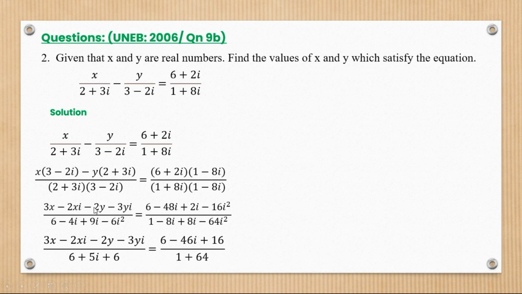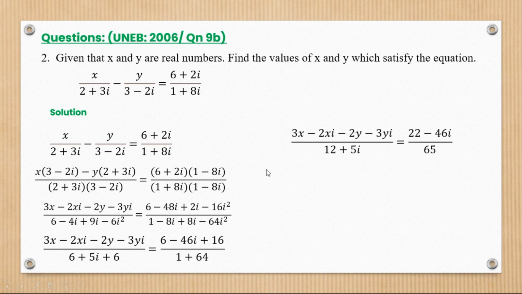And then when I open brackets here, this just ends up being that. And then right here at the bottom, we can also see that negative 4i plus 9i is equal to 5i. And then a negative 6i squared, we know that i squared means negative 1. So negative 1 times this negative becomes a positive. So we end up having a positive 6.